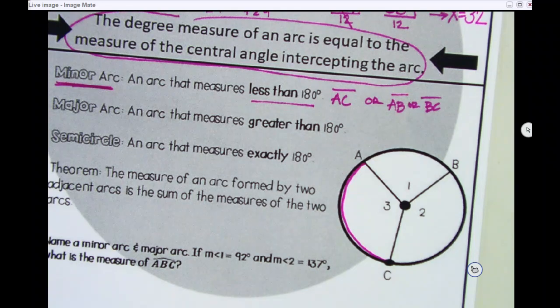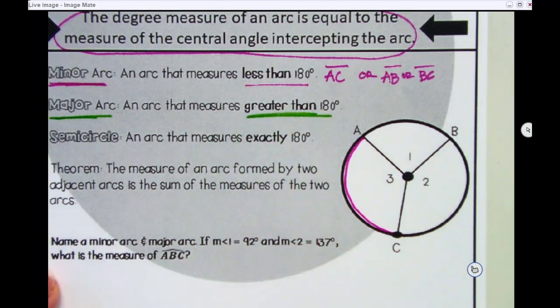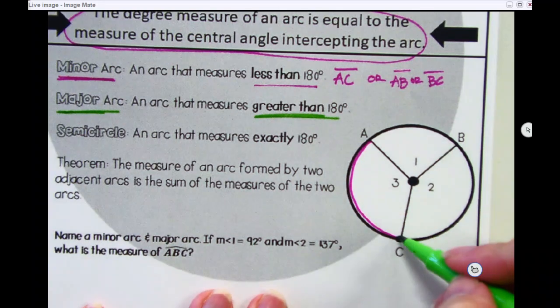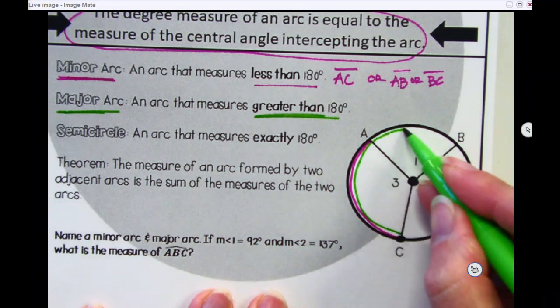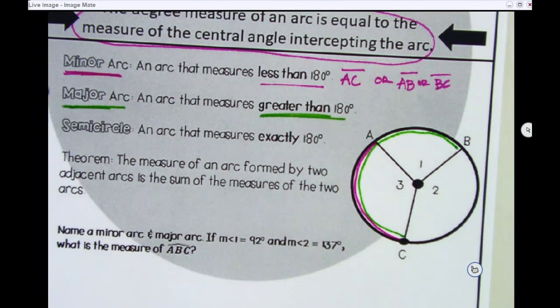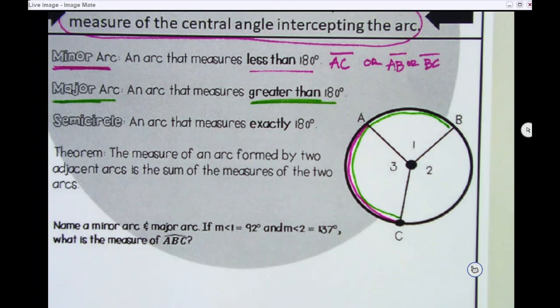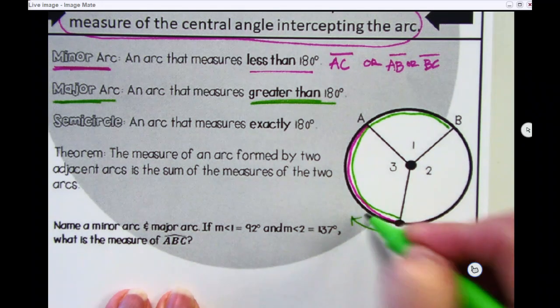Use green, maybe. All right, now we'll talk about a major arc, bigger than half. There's a way that we have to talk about these. If I say arc CB, do you notice a problem? I could go in this direction, or I could go in that direction, couldn't I?